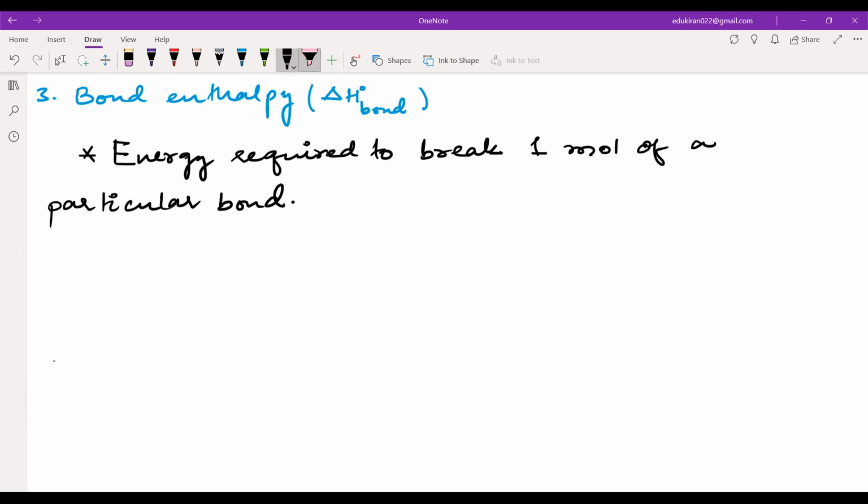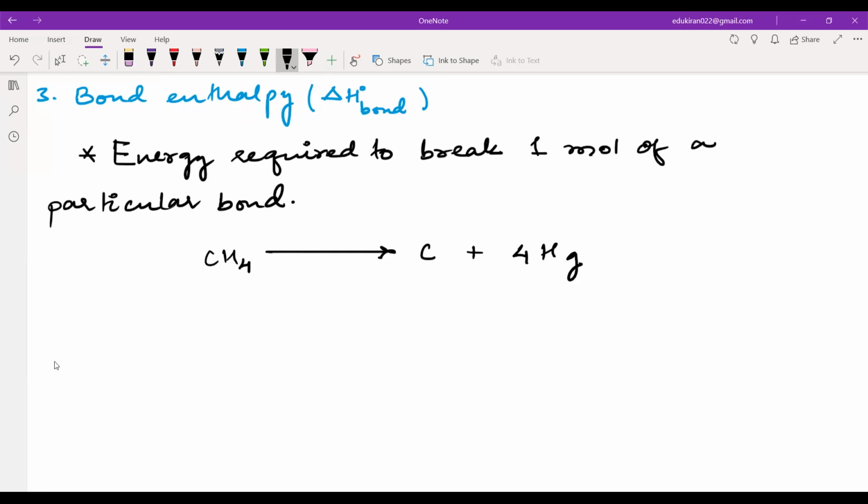It is not related to any substance. It is related to bond. Please remember. If I have CH4 and I want to write the bond dissociation energy, then I will be breaking the bonds, forming carbon and 4 hydrogens.